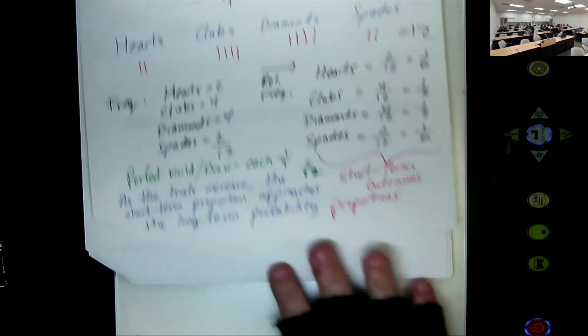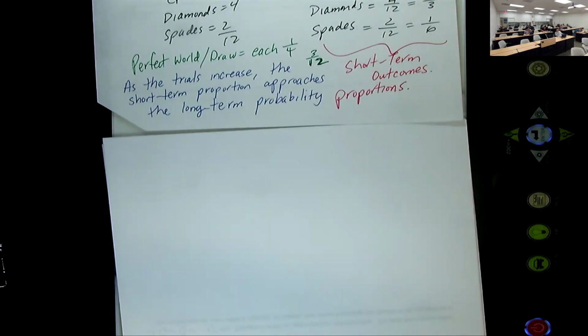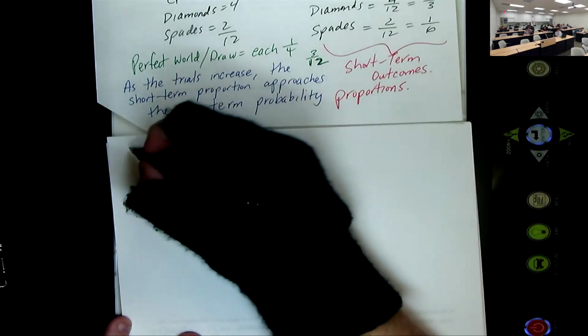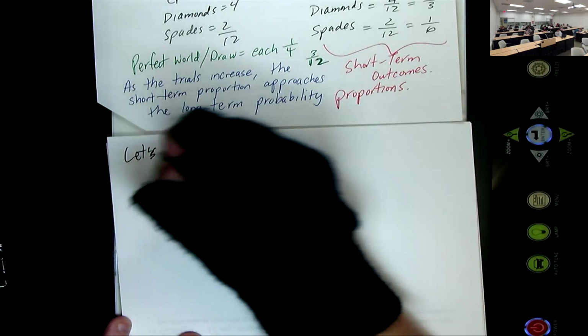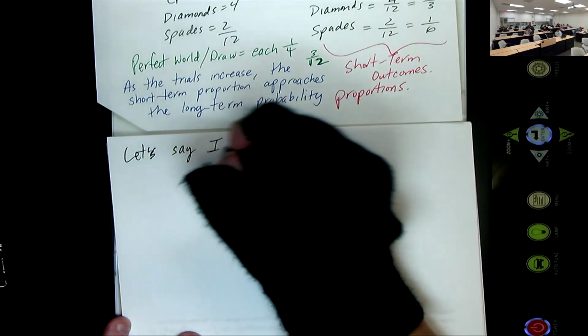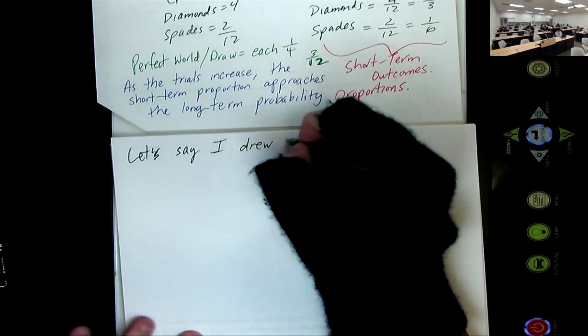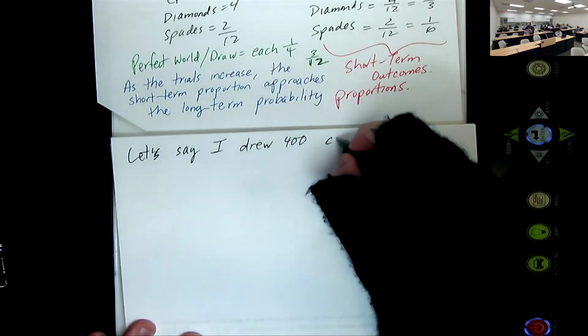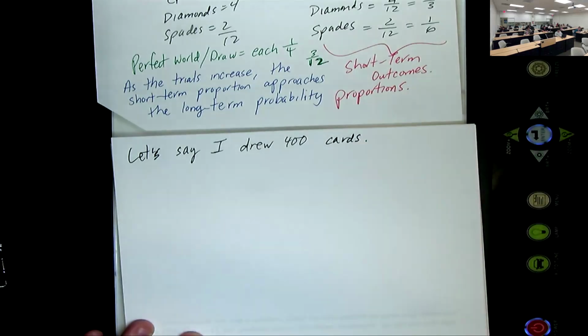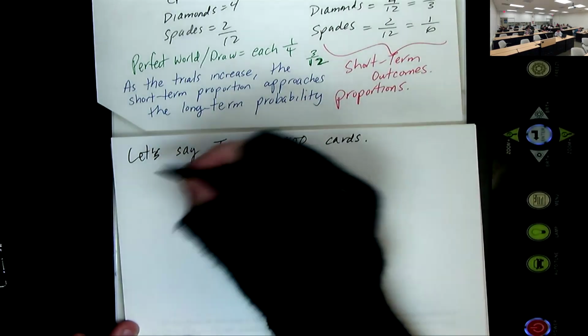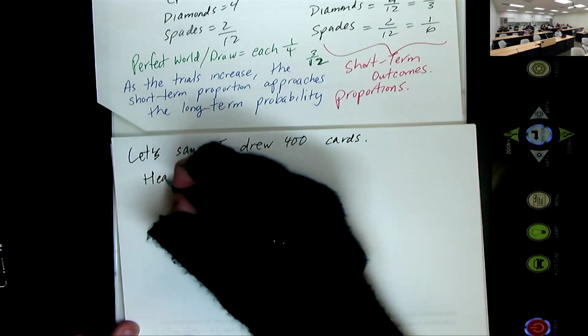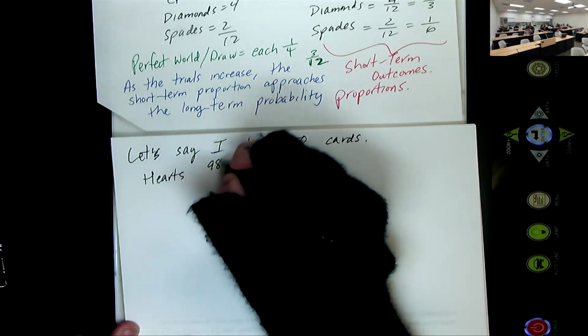Now, I'm not gonna draw 400 cards, but I'm gonna show an example of what it would look like. Let's say I drew 400 cards, and I got hearts was 98 out of 400.